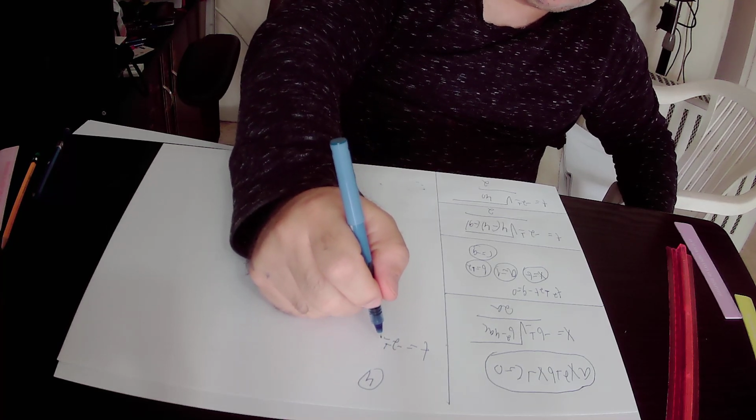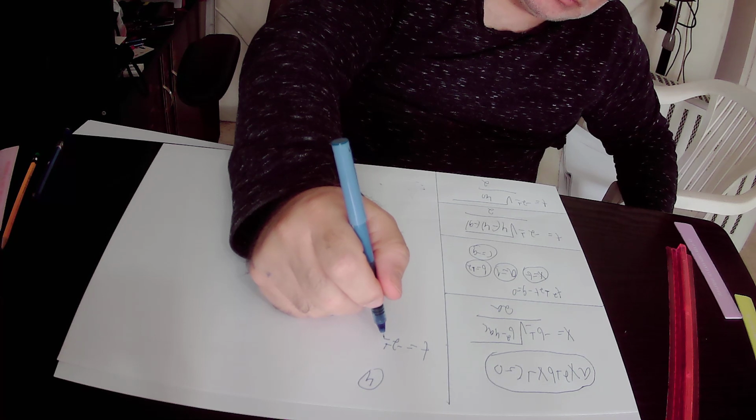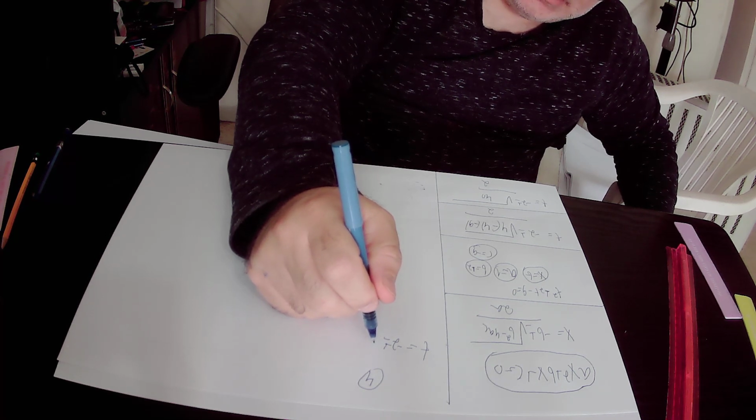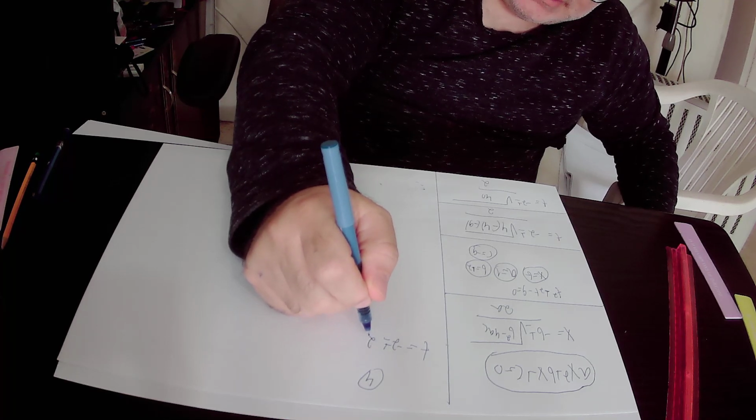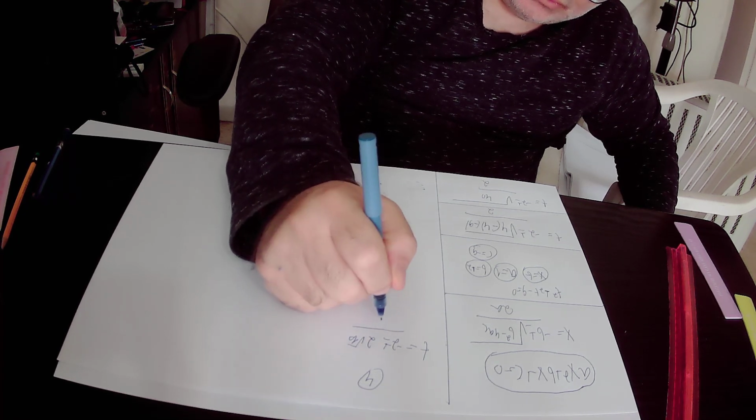We know that 40 is actually 4 times 10, and the square root of 4 is 2, so we'll get here that the root of 40 is 2 times square root of 10, over 2.